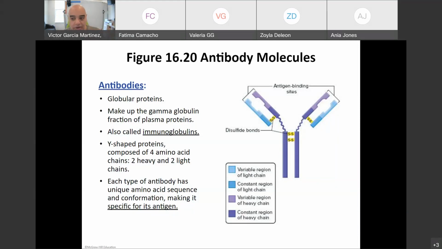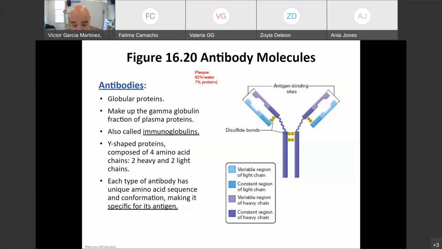Then in your plasma, you have water, 92%, and 7% of your plasma is going to be proteins. And I already told you, actually, let me write it down because you need to remember this. Plasma is going to be 92% water, and you're going to have 7% proteins.